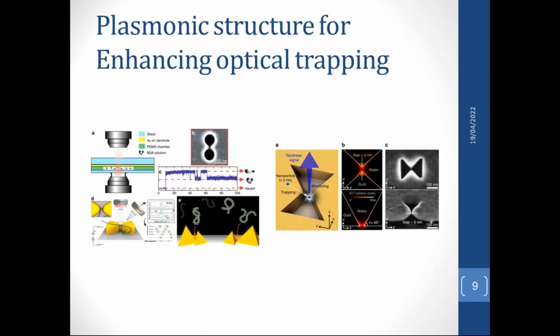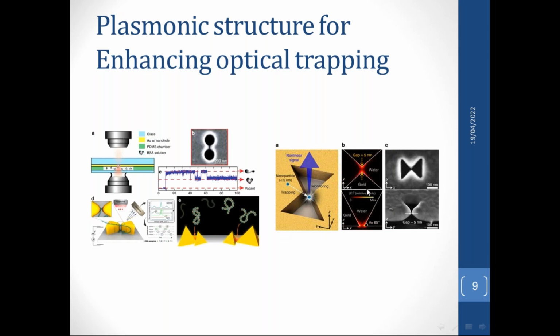Here we are seeing the plasmonic structure for enhancing optical trapping. Usually a structure is used to enhance the optical field inside the trap, or a nanohole is used for creating a field enhancement inside the trap.